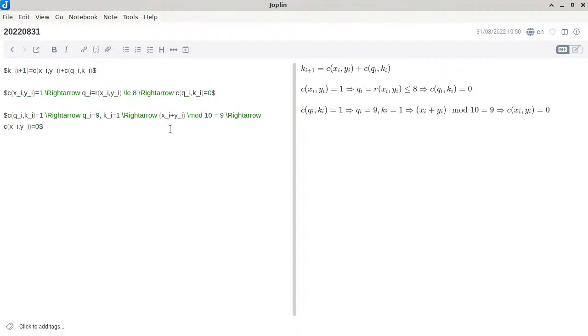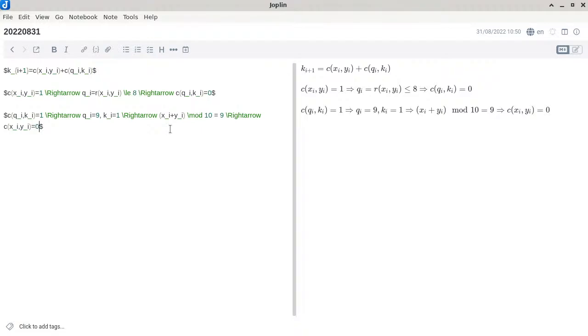I'm not sure whether you guys are following the math or not, but trust me, there's no magical, super complicated math here. It really has to do with just arithmetic. We're just dealing with addition and comparison, and also mod, which is division.